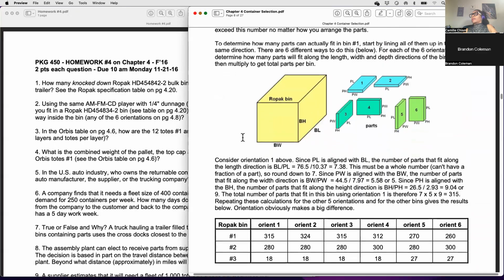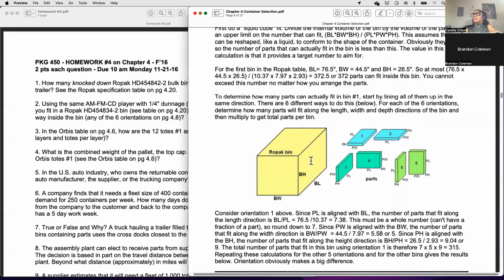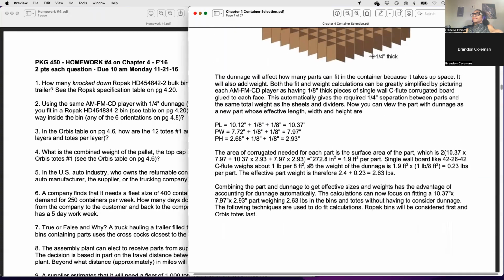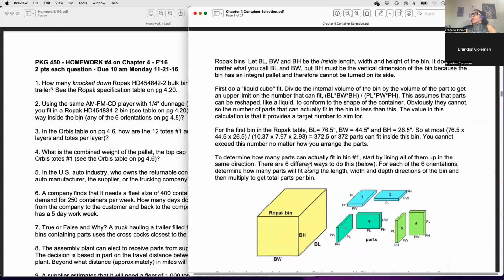So they took that and they said the bin length divided by the part length. So that's the 76.5 that I just showed you divided by the 10.37, which is this dimension that we added earlier that has the thickness of the corrugated.